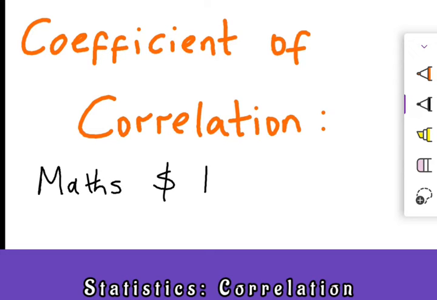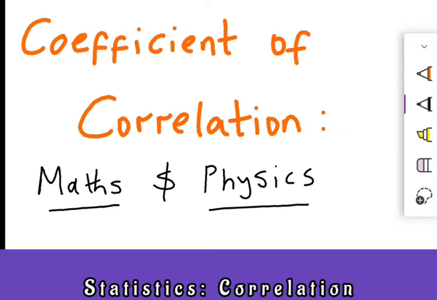Physics is another subject that also has calculations. If we are taking a look at the performances of students in these two subjects, we want to see how these two subjects are related or similar in a way. That means a student who does very well in maths, let's see the score of that student in physics. Let's know if there's any relationship between maths and physics. So when we do that, we are doing correlation.